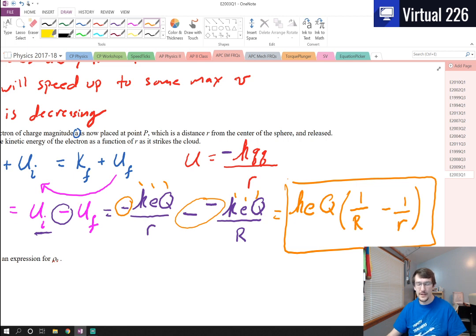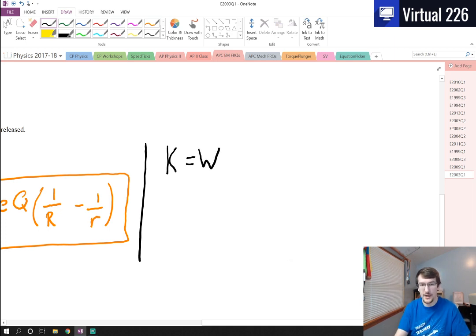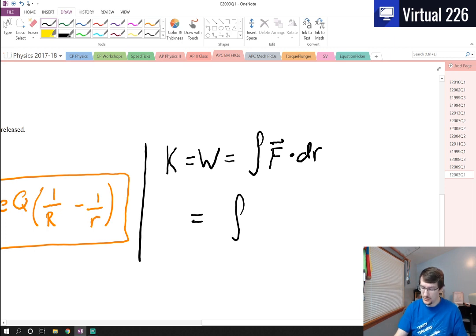There's another way we could technically do this problem if you wanted to. You could think about this as the kinetic energy is equal to the amount of work done, which, if you want to think of this as more calculus based, you could call the integral of the force dotted through some distance. In our case, it would be the integral going from some initial position little r to some final position big R, and then we'd list our force in there.